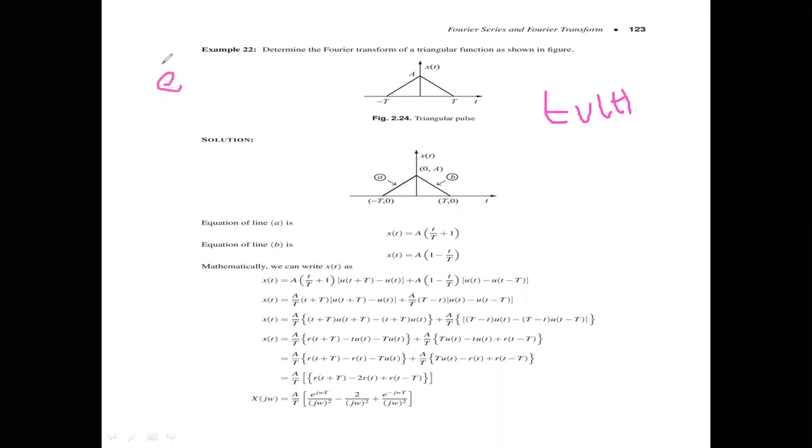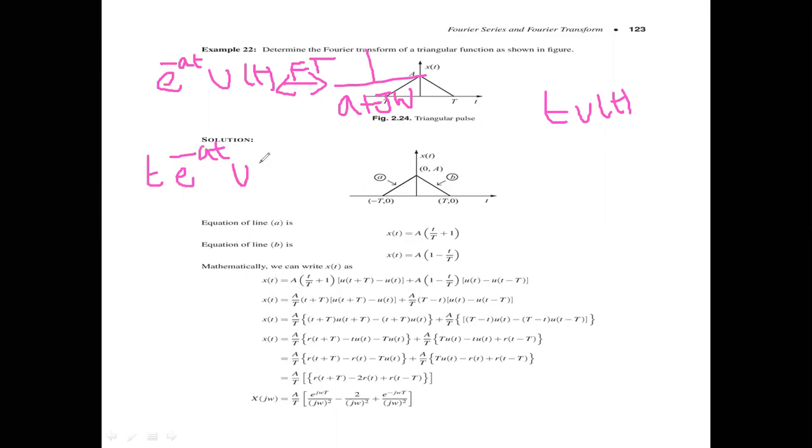E power minus at mu of t. What is the Fourier transformation of e power minus at mu of t? 1 by a plus j omega. And now it is multiplied with the t to the e power minus at mu of t. What is the Fourier transformation?